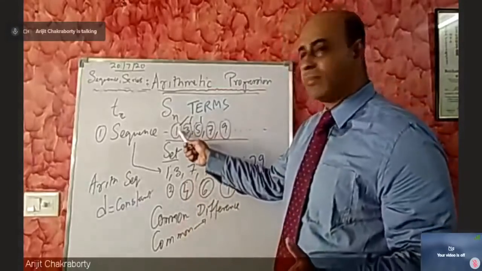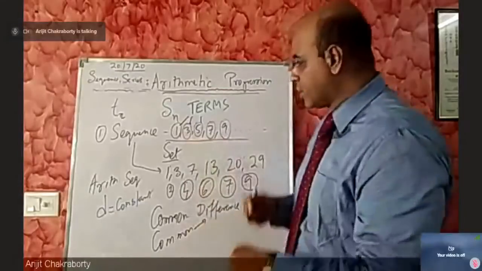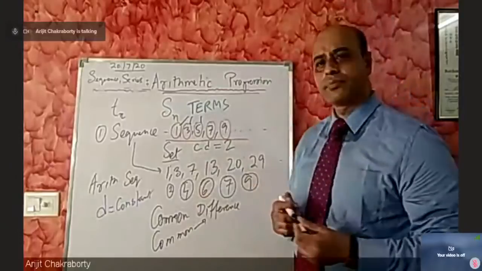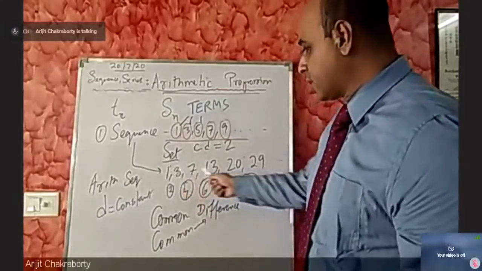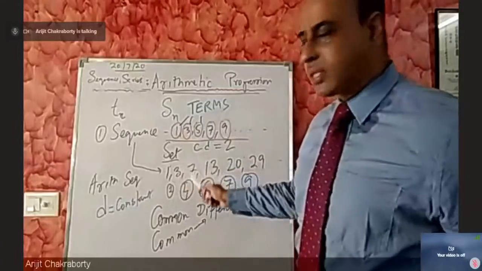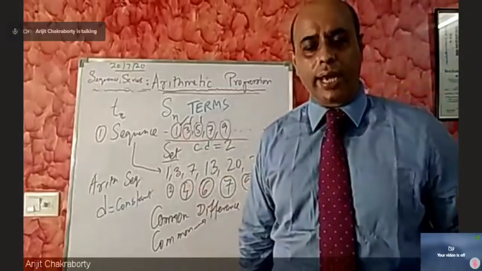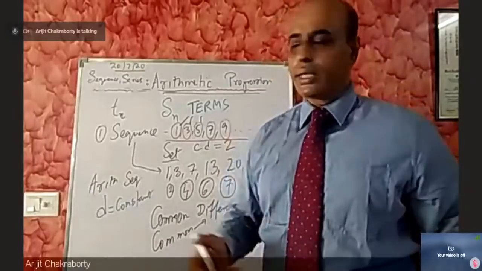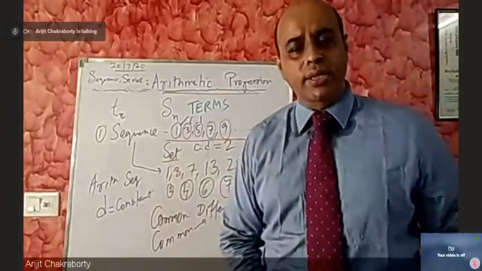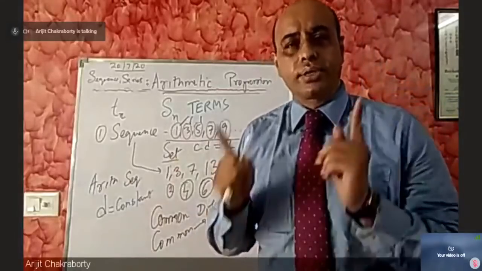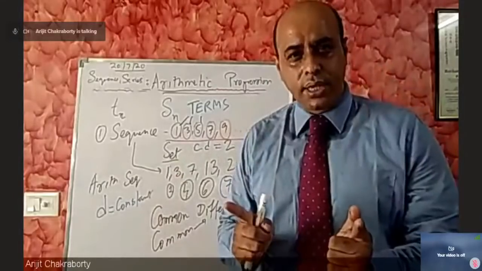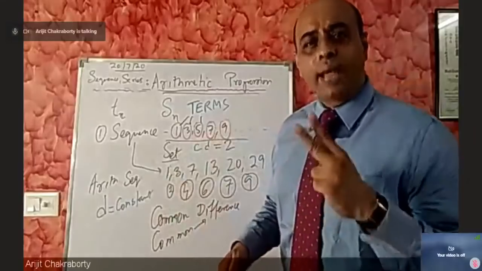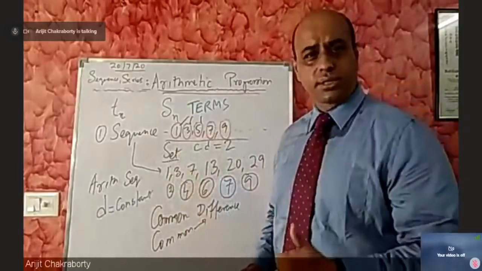Like here you can see 3 minus 1 is 2. Sometimes we write it as CD, common difference. This is 2 here. So this particular sequence, 1, 3, 7, 13, 20 and 29, is a sequence, no doubt about it, but it cannot be called an arithmetic sequence because the common difference, the difference between every two successive numbers, is not constant.